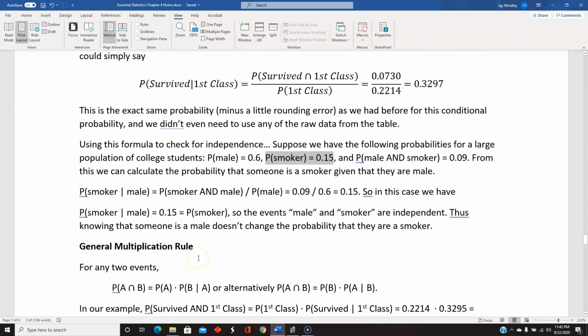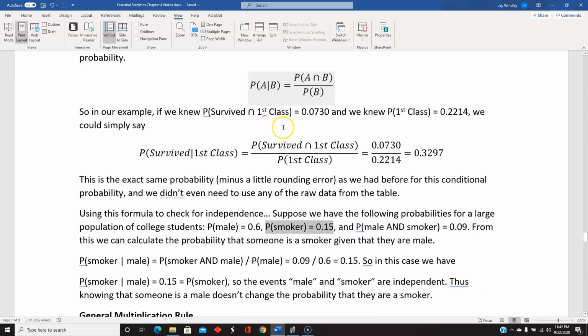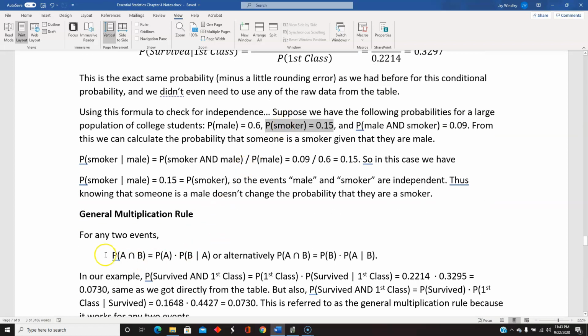Okay, now if you take this same formula here and write it as a multiplication problem instead of a division problem, if you can imagine rewriting this algebraically, you get this formula here, or this formula here, depending on which you're calling A and which you're calling B. And this is a formula for finding the probability that A happens and B happens.